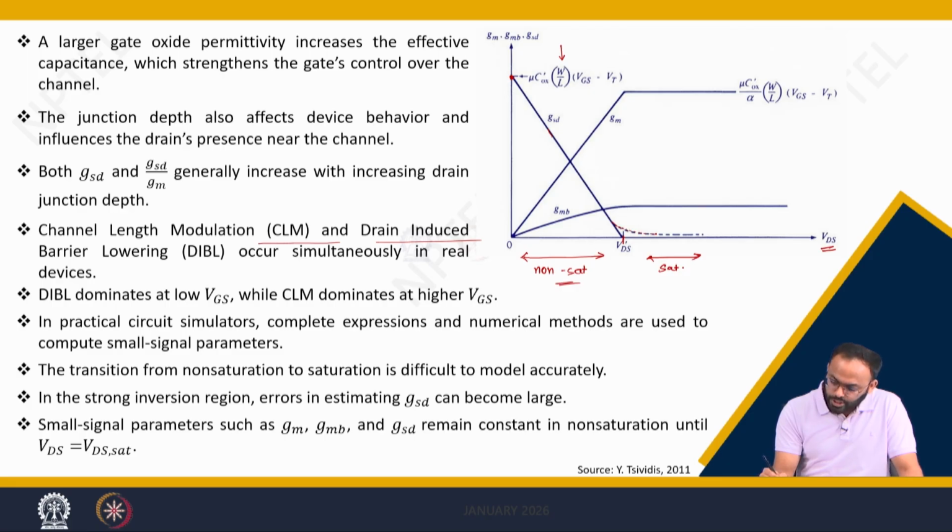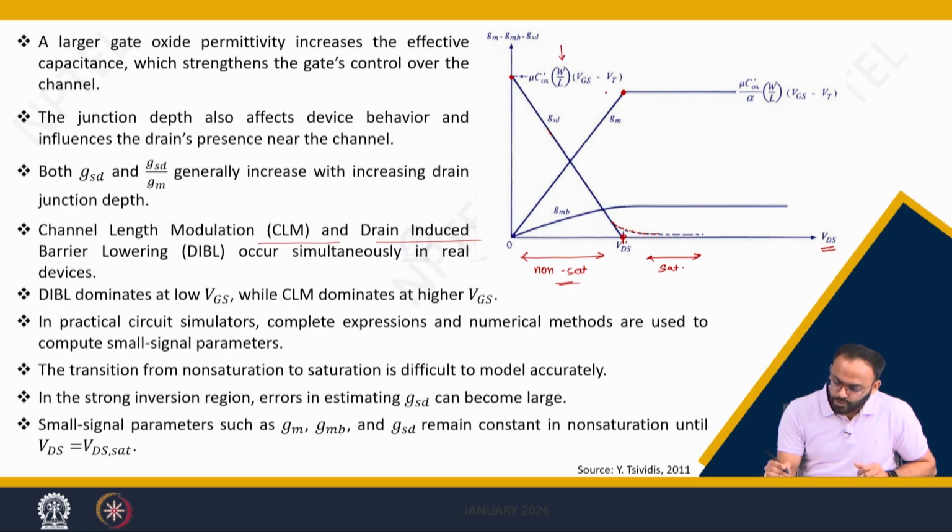This transition from non-saturation to saturation is smooth, whereas when you propose some simple model, it will show sharp boundaries, right. But when you use an all region model or precise modeling, then the transition from non-saturation to saturation should be smooth.